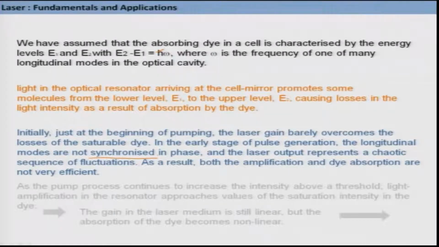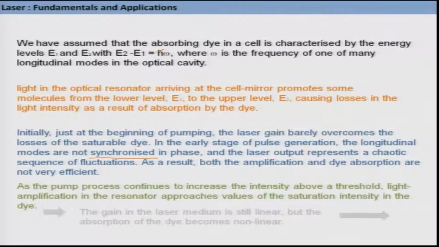After some time there will be more and more photons coming in, and slowly the gain will overcome these losses. Now, beyond this threshold, the light amplification in the resonator will approach the saturation intensity in the dye. What does that mean?